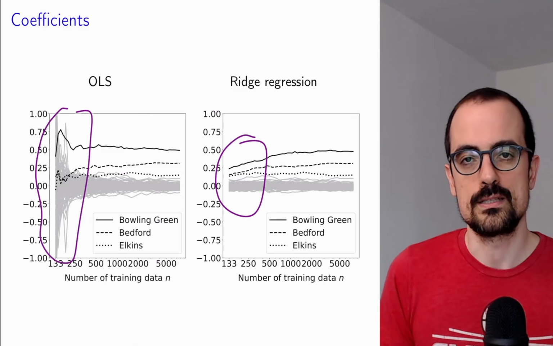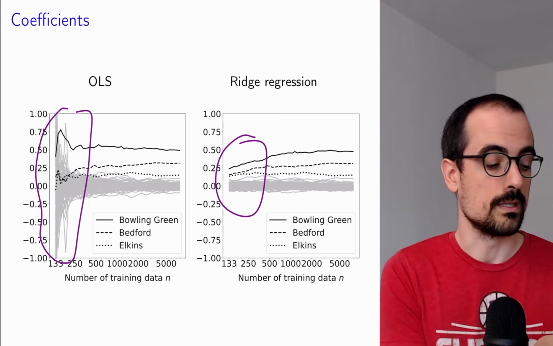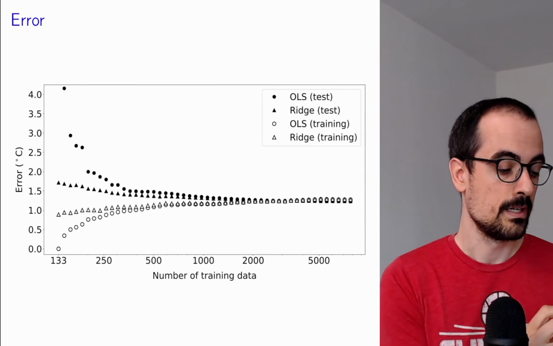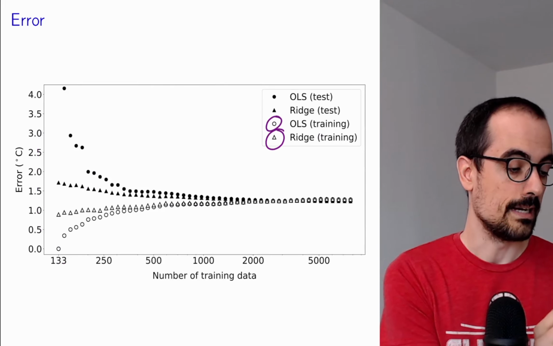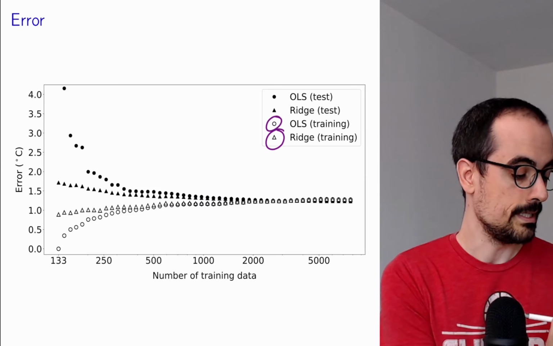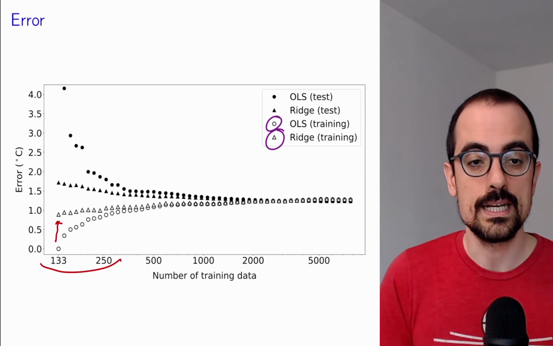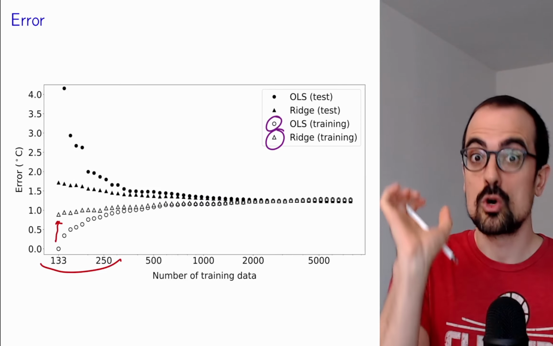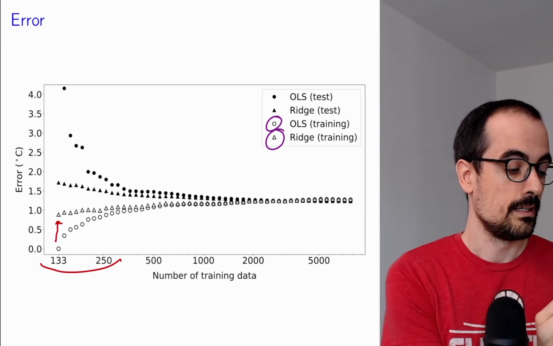Does this result in better held out performance? It definitely does. I'm showing you here the training error of OLS and of ridge regression. We see that here in the regime where we don't have a lot of data, we get more training error with ridge regression. Why? Because we're not overfitting.